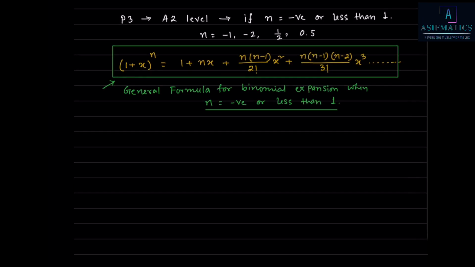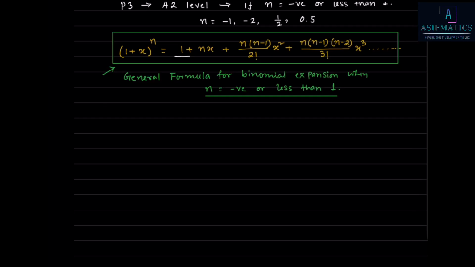Now, very importantly, have a look. The first term here, this 1, is the first term. I can write the formula once again. We have (1 plus x) to the power n equals 1 plus nx plus n into n minus 1 by factorial 2 x squared plus n into n minus 1 into n minus 2 by factorial 3 x cubed.